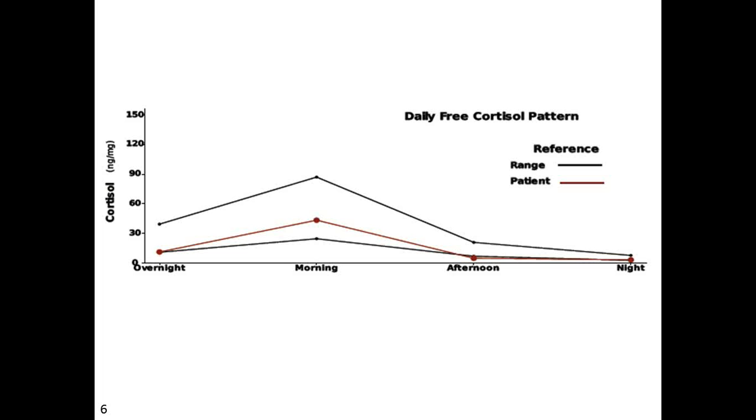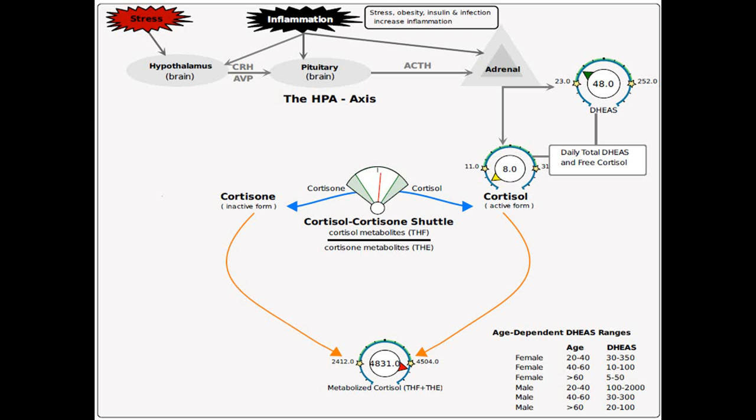The daily free cortisol pattern is unchanged in its format, and then the adrenal page has been simplified somewhat in that we've taken out these indices of metabolism of cortisol. It tends to add a little bit of confusion in some cases, and really you can see that there is a very intuitive connection here in that if free cortisol, as in this case, is low and metabolized cortisol is elevated, then obviously you've got increased metabolism.